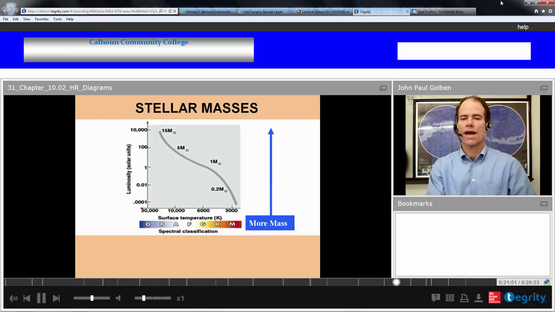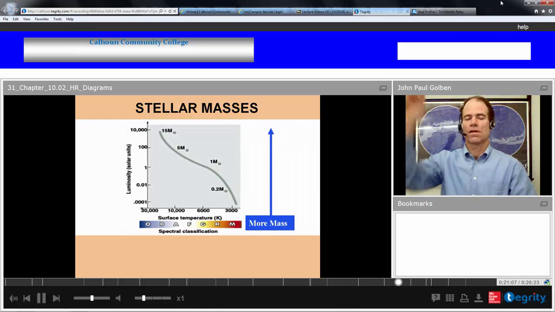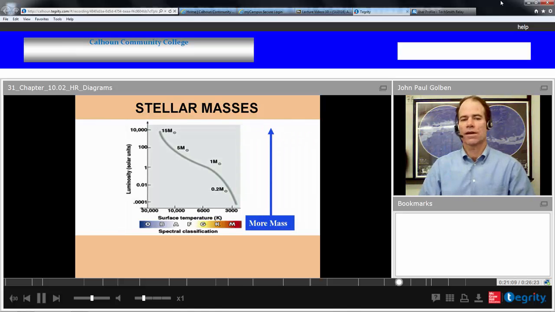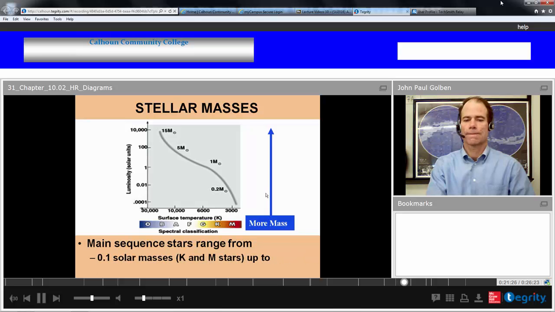On the HR diagram, stars with more mass are reaching up along the vertical axis. So as we go to greater luminosity, we are also going to greater mass, especially on the main sequence. As we look at the main sequence, we have smaller masses and greater masses as we extend across it.